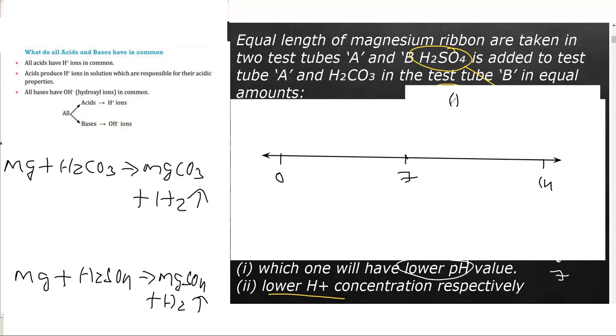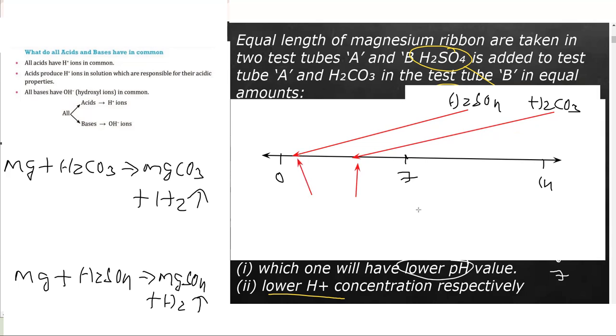Out of H2SO4 and H2CO3, that is carbonic acid, this is sulfuric acid and it will have a lower pH, because it is more acidic, and H2CO3 will have a higher pH. We don't have to give its exact value, but this will be closer to 7, and this is closer to 0.